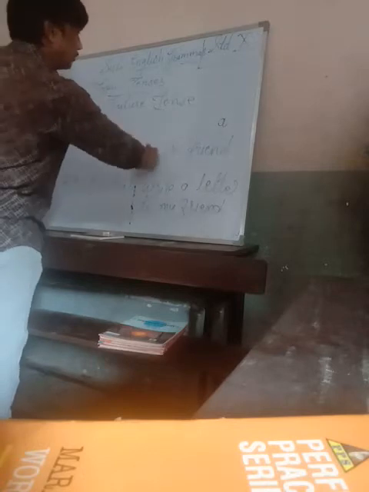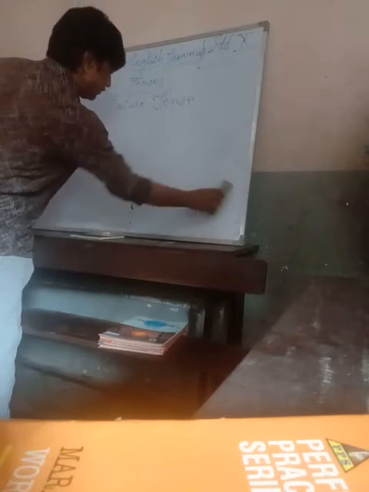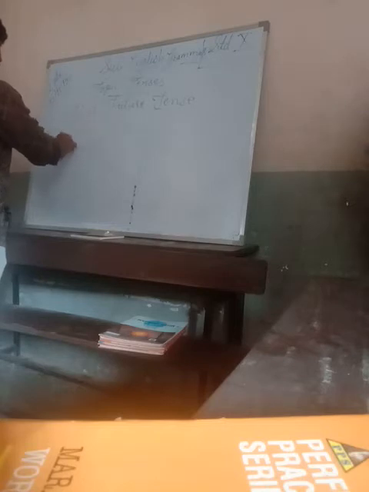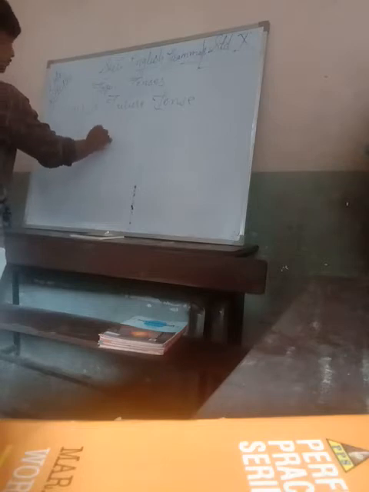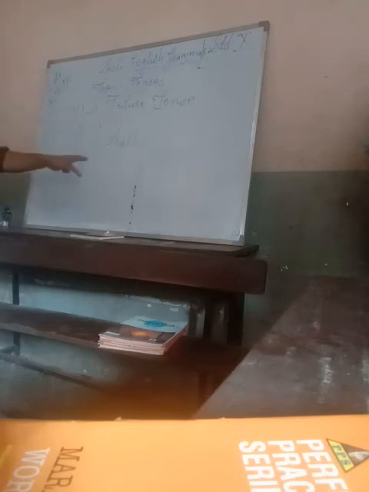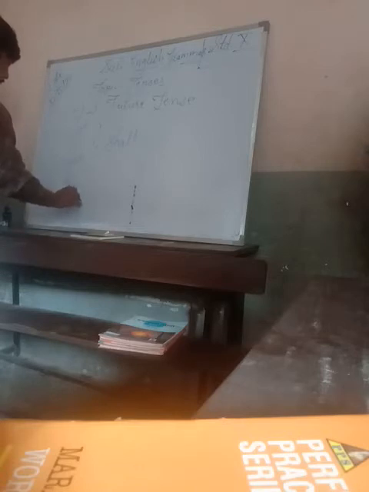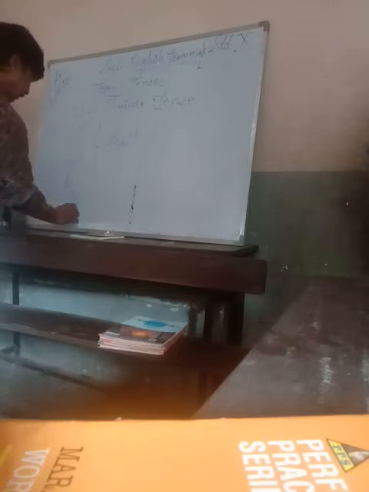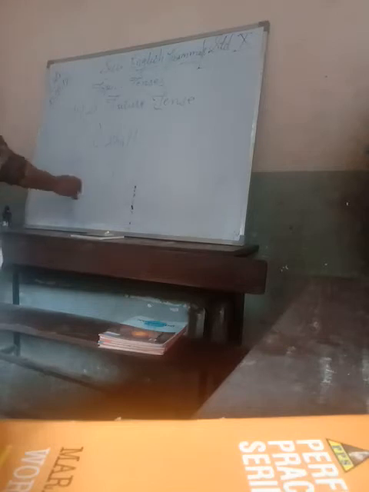Another important thing I am going to tell you: shall and will. Look. The subject pronouns I and we take shall. As per the rule of English, I and we take shall, and he, she, it, they, all these pronouns you can see here on the blackboard, take will.